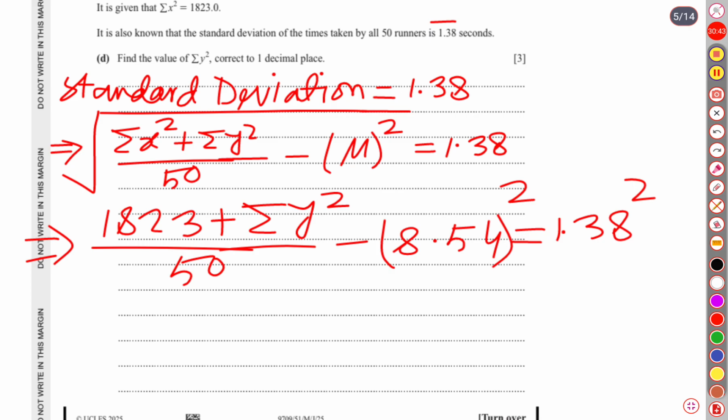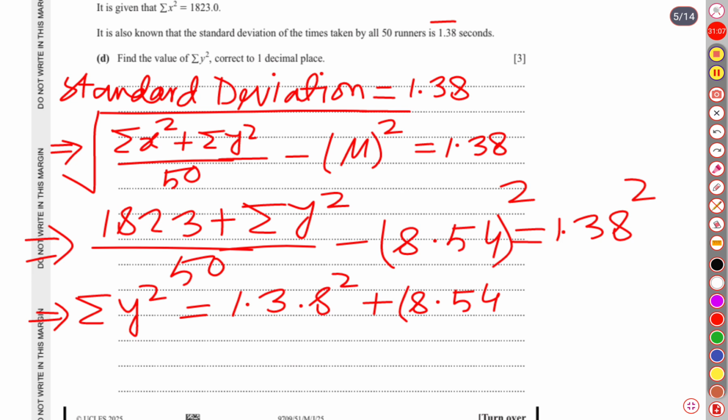Okay, then if we isolate y square, sum of y square is equal to, if it is transposed, 1.38 squared plus 8.54 squared, then minus 1823. Then finally we will get our sum of y square.